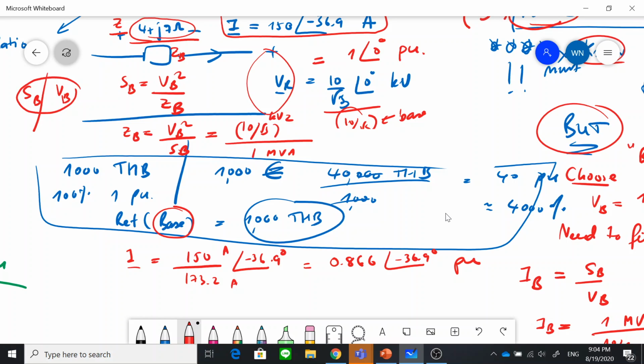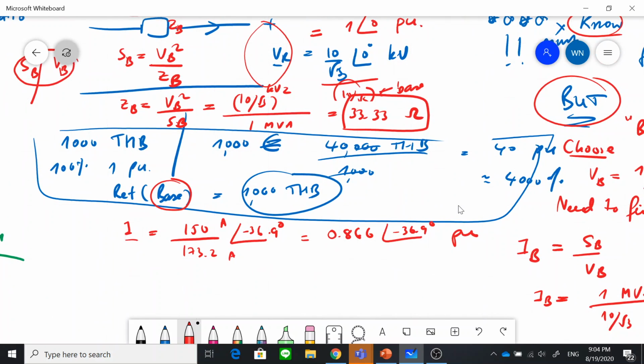Now your Z base is 33.33 ohms. So now you can convert your Z to the per unit.